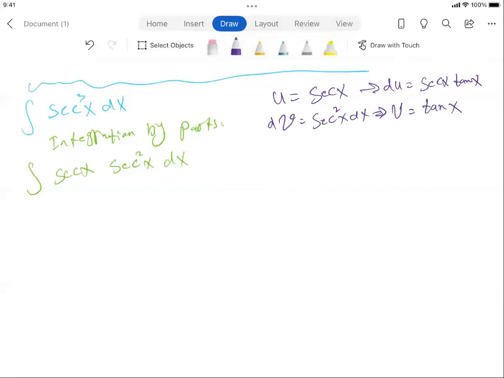So putting things together, uv is secant of x tangent of x, minus the integral of v and du, which is secant of x tangent of x dx.